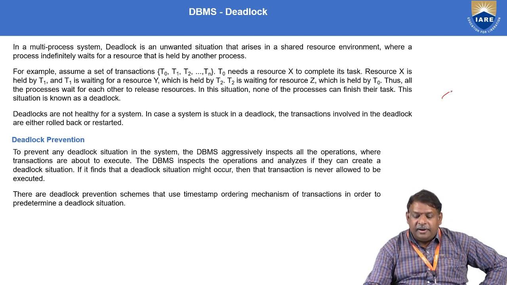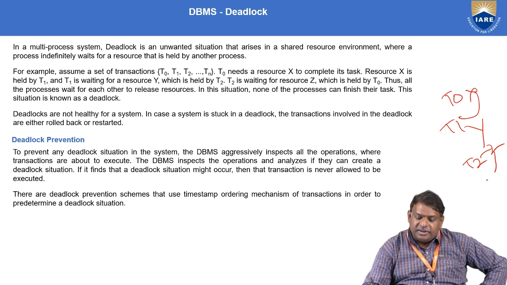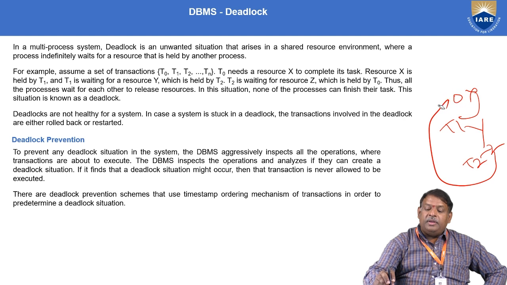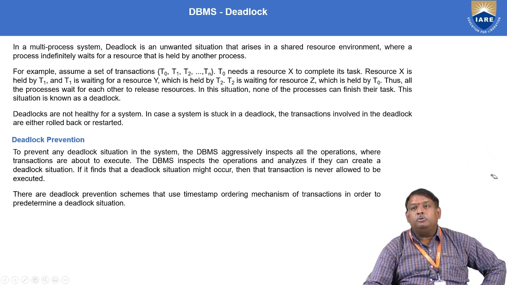So, T0 needs X. X is being used by T1. T1 needs Y, and T2 needs Z. And this Z is being used by T0. Now, everything is in a loop, and nothing will succeed because everybody is looking for a resource which is being used by another.